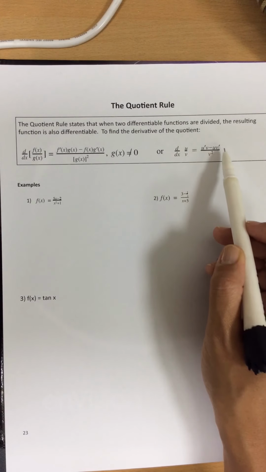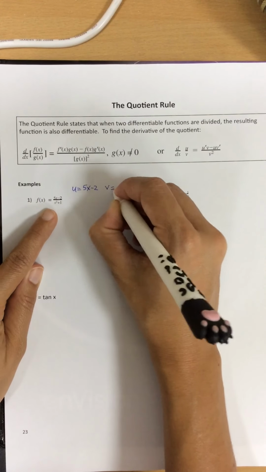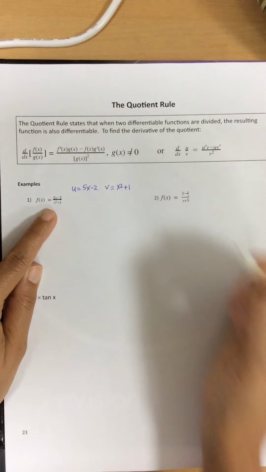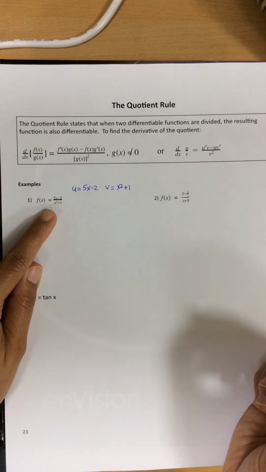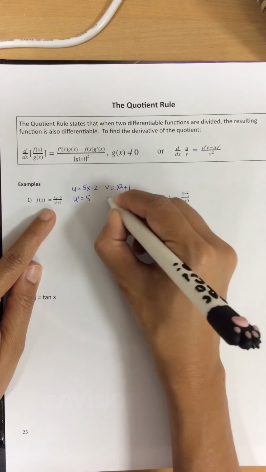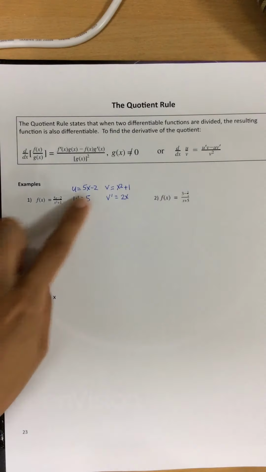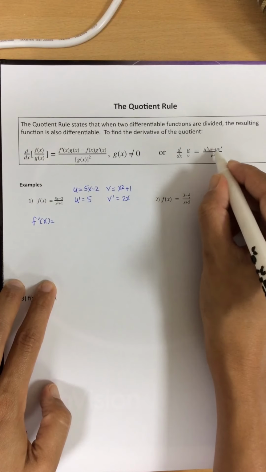So here, I'm going to set my u equal to 5x minus 2, and I'm going to set my v equal to x squared plus 1, the top and bottom functions. So then u prime is just 5. V prime becomes 2x. Okay? So now let's use my quotient rule. So the derivative of this whole function would be, first, u prime v.